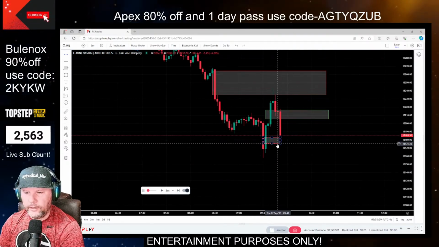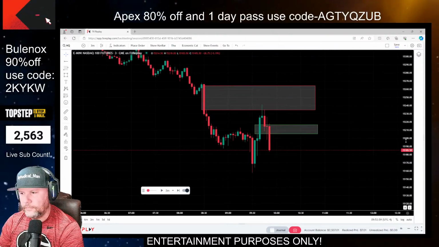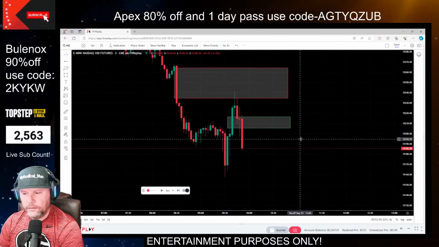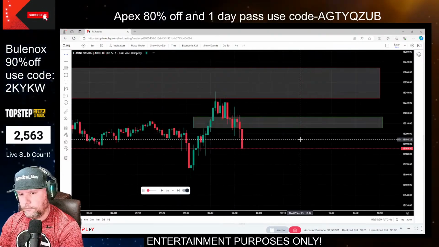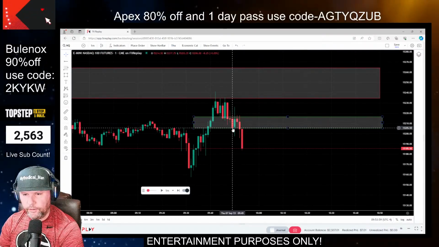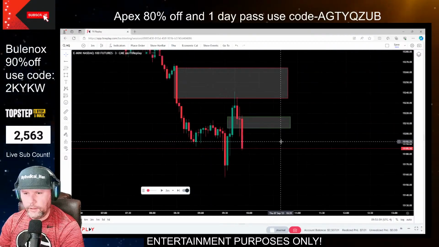Because here's the thing. In real time, if I'm taking this trade, I'm jumping into this trade on momentum, right? And what kind of sucks is that the 1 minute closed below here. All right, we'll still take it.